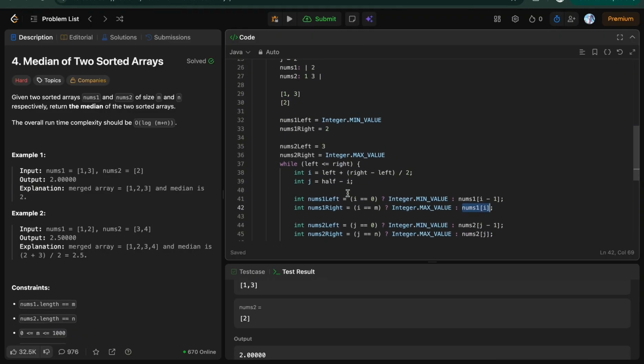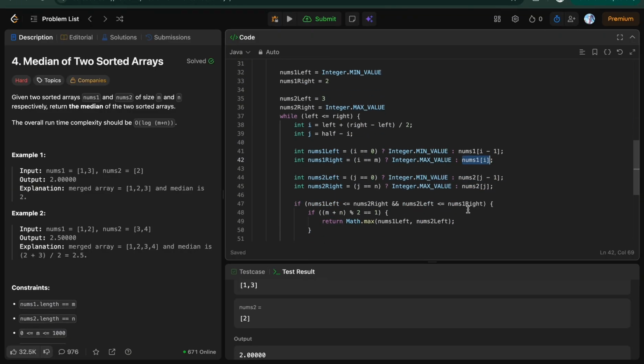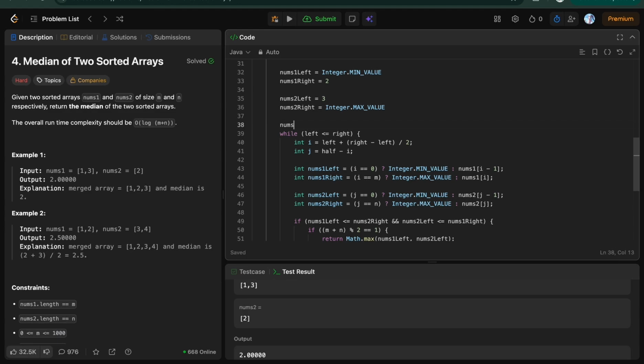And that's very simple. Now we're going to check. Where were we? Oh yeah, right here. Now we check that nums1 left is less than or equal to nums2 right.